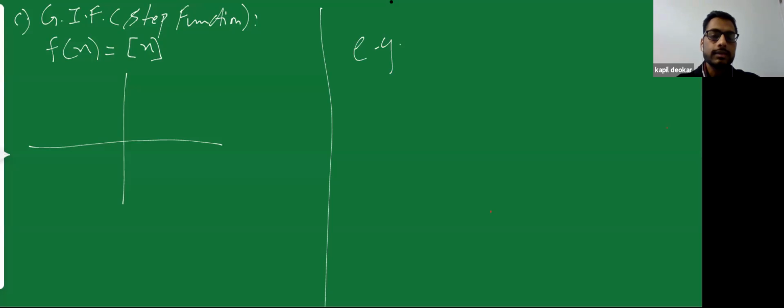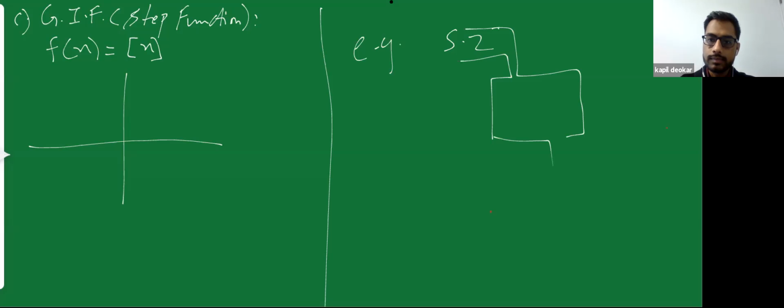Now, what is a greatest integer function? If I have a value of 5.2, what the greatest integer function does is it rounds it off to the nearest integer which is less than that point. So I'm going to send the 5.2 value into my machine. And which machine do I have over here? This is my greatest integer function machine.